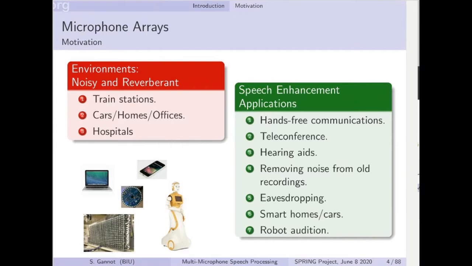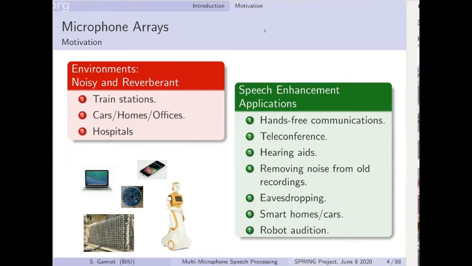So microphone arrays can be found anywhere, and most new devices will have microphones. There are computers, cellular phones, dedicated microphone arrays, and also very huge microphone arrays, which of course we will not use in this project.